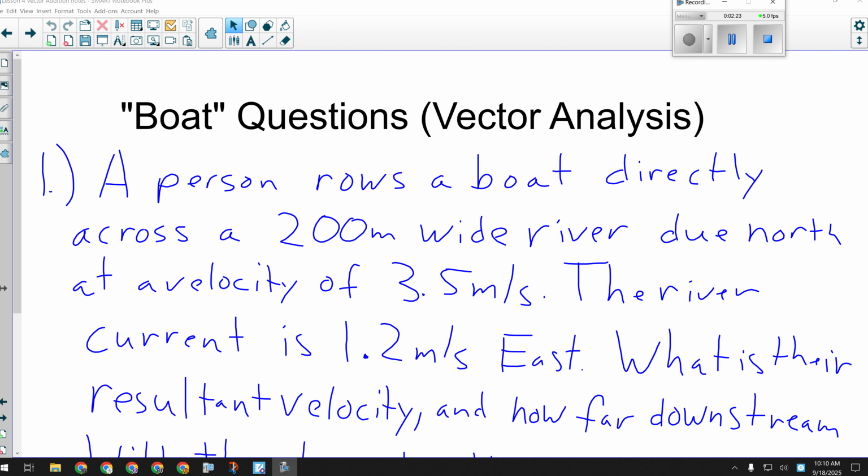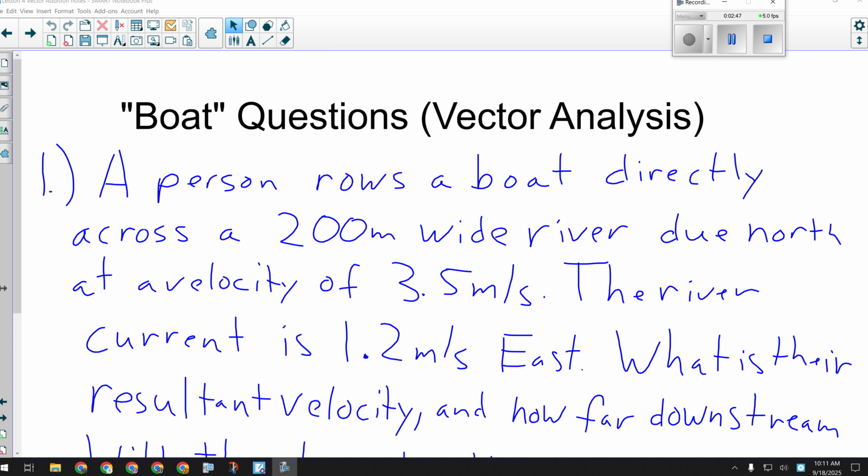It also depends on how wide the river is. The key here is that even though both your rowing and whatever the river is doing are happening at the same time, we still draw them tail to head. All vector quantities are added that way, even if they're actually happening at the same time.